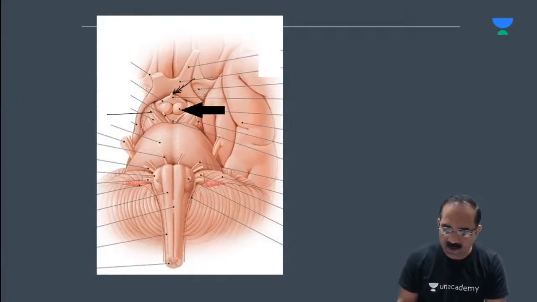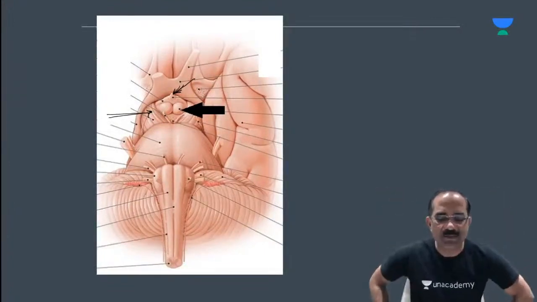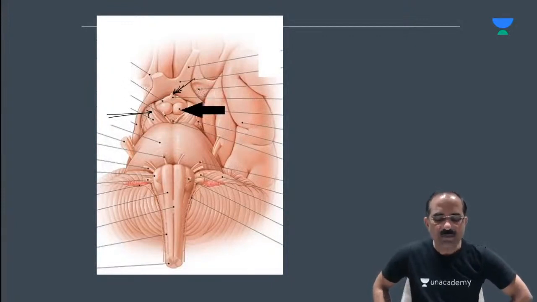What is this structure? Can anyone tell me what is this structure? And beautiful fibers you can see passing through the structure. What is that? Oh, great.